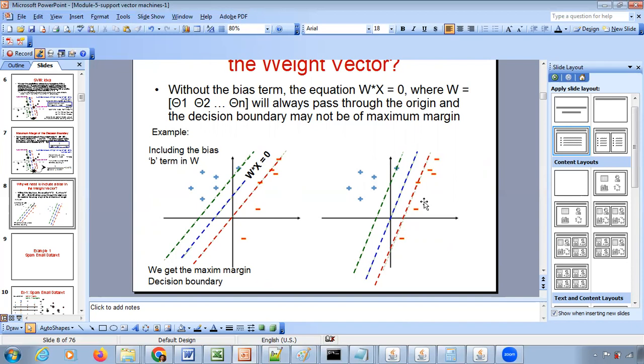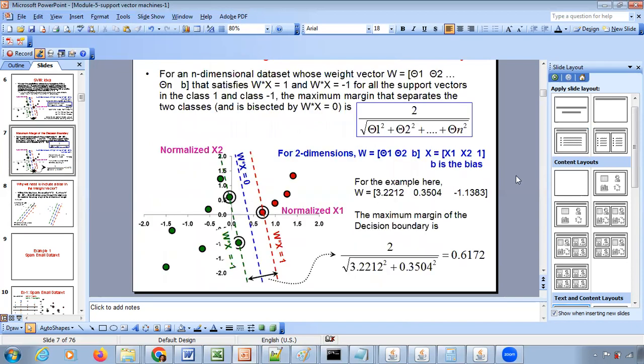Not guaranteed, if you don't want to have a bias. That's why when we do the math, we add this term b in the equations, so that we allow the algorithm to accommodate a bias if needed in order to accomplish the maximum margin for the decision boundary that will separate the support vectors across the two classes.